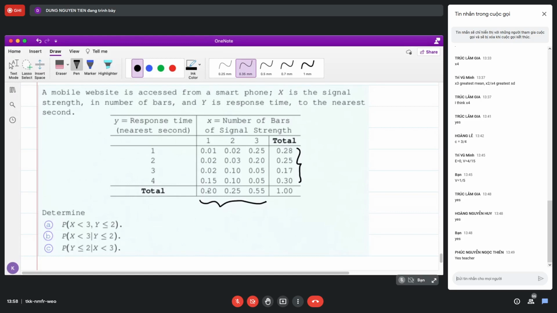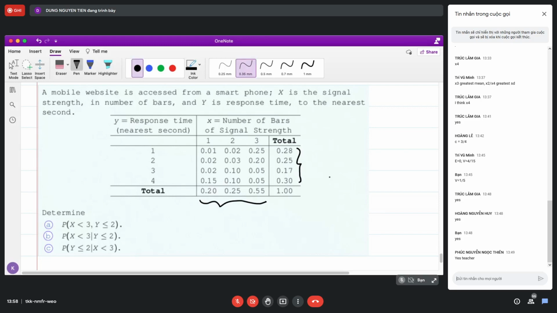As you get 0.2, 0.25, 0.55, they will give you the probability that x equals 1, 2, or 3. And you call them the probability mass function. I'm sorry, the marginal distribution of x.